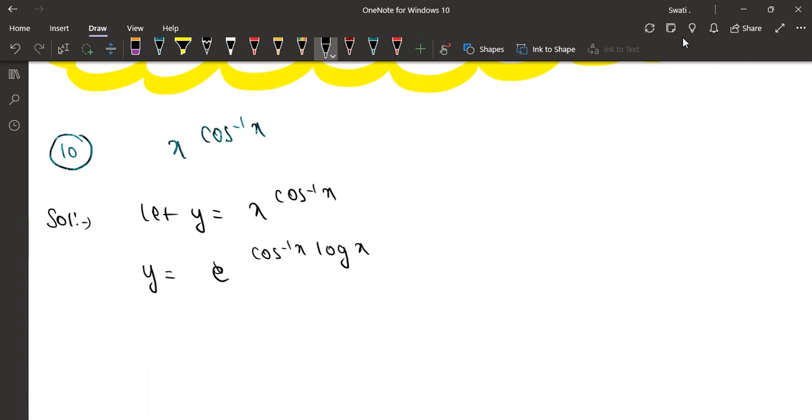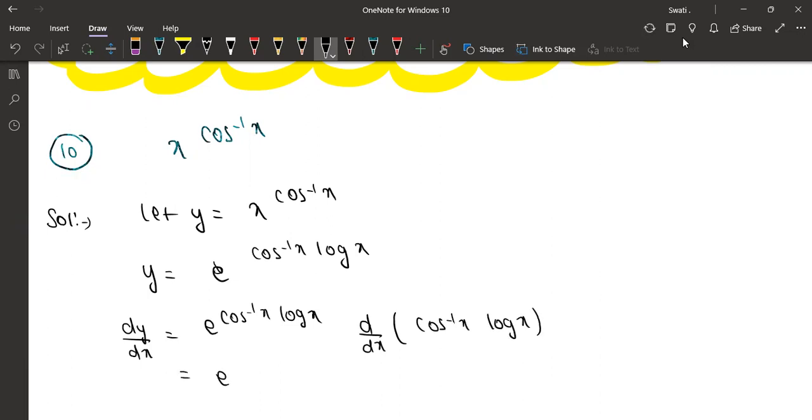Now we will differentiate both sides. So this will become dy dx. And here the derivative of exponential function as it is. So it will become e raised to cos inverse x log x. By chain rule, we have to do the derivative of cos inverse x log x. And now this e raised to cos inverse x log x, we can just write down this as it is.